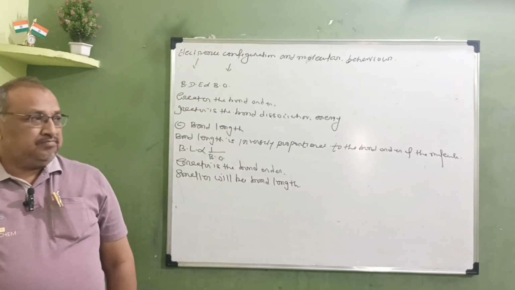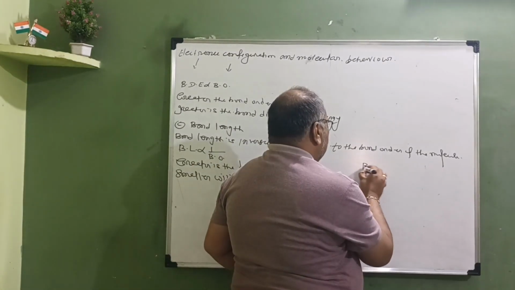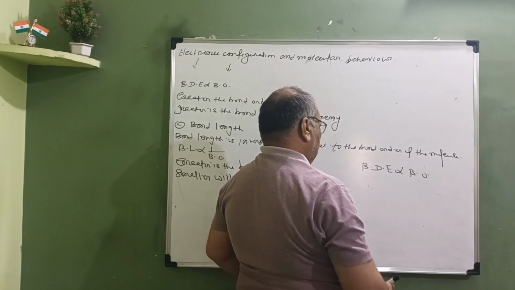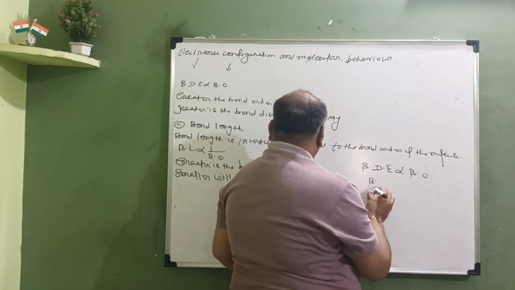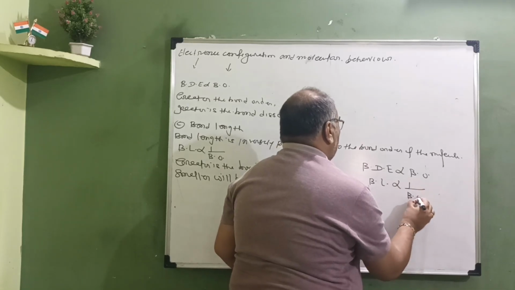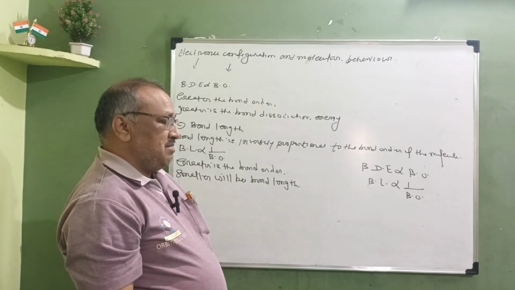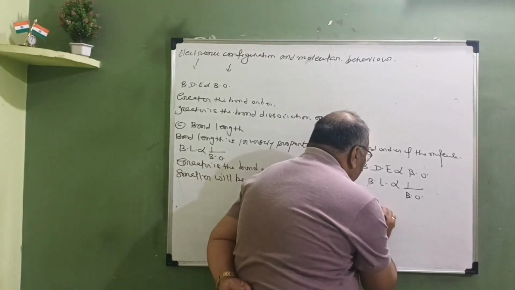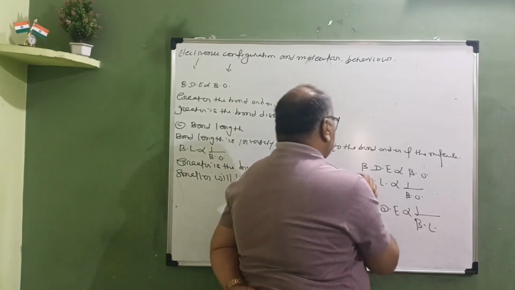Now here, keep in mind BDE is directly proportional to the BO. Bond length is inversely proportional to the BO. What is the relationship between BDE and BL? BDE is also inversely proportional to the BL.